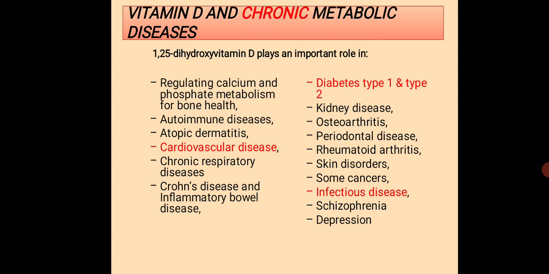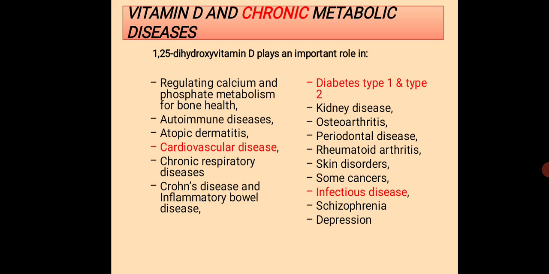Vitamin D and chronic metabolic diseases. 1,25-dihydroxycholecalciferol, or vitamin D, plays an important role in regulating calcium and phosphate metabolism for bone health, and in autoimmune diseases. This is very important.